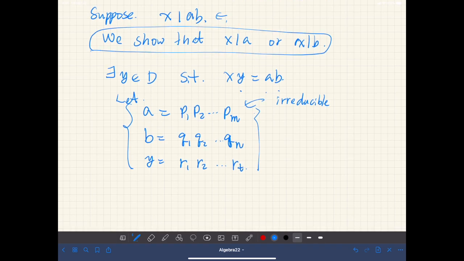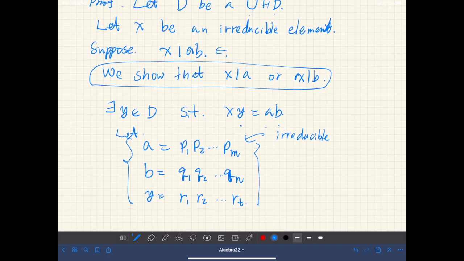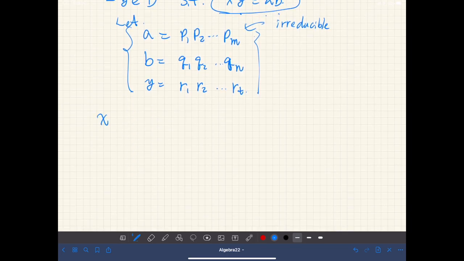Then we substitute these into this. We have x times r1, r2, up to rt equal to p1, p2, up to pm, and q1, q2, up to qn.